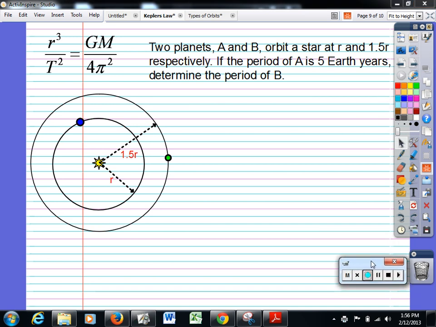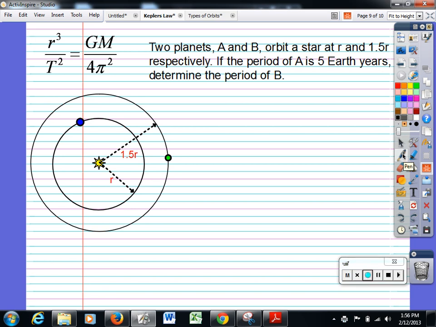Okay. Right, I wanted to do this one especially because these are becoming more used in the multiple choice. Two planets A and B orbit a star at radii r and 1.5r respectively. The period of A is 5 Earth years, or we just say 5, and we've got to determine the period of B. So how would we go about doing this?